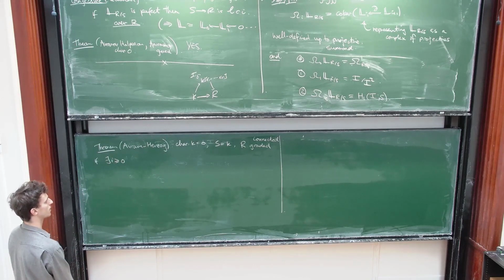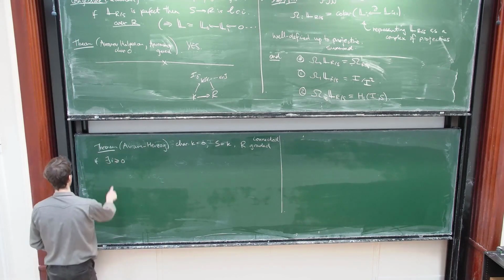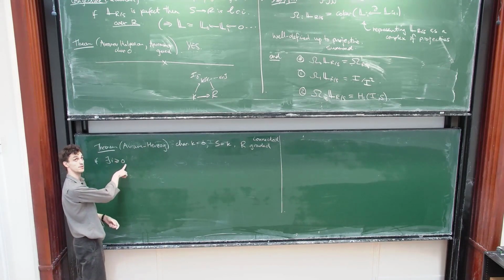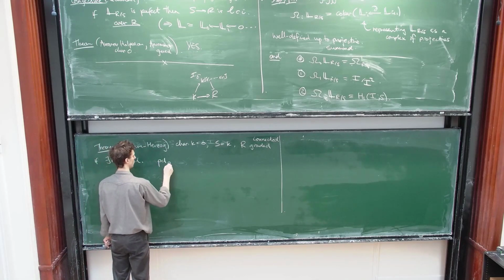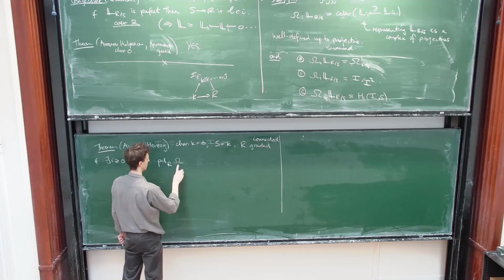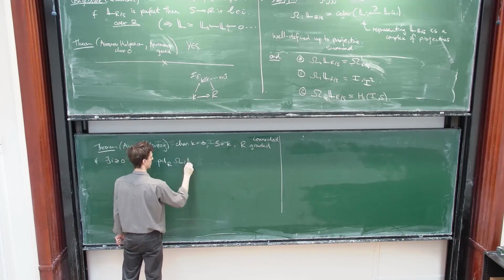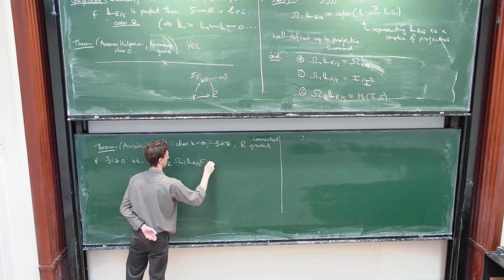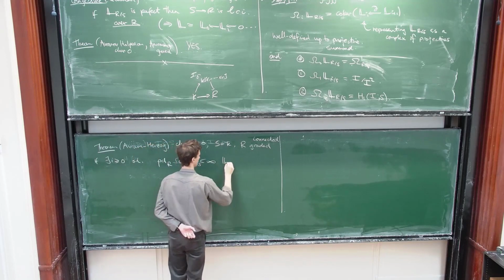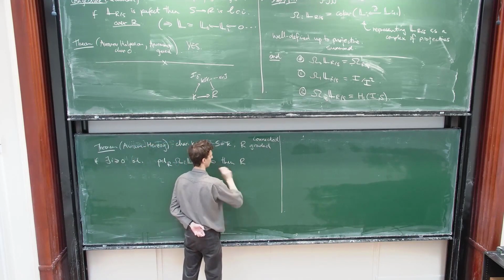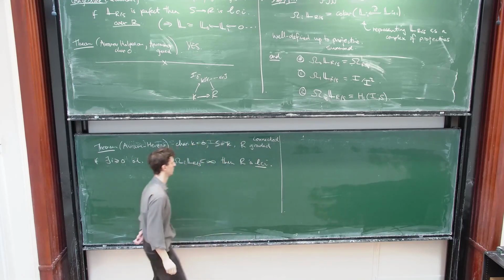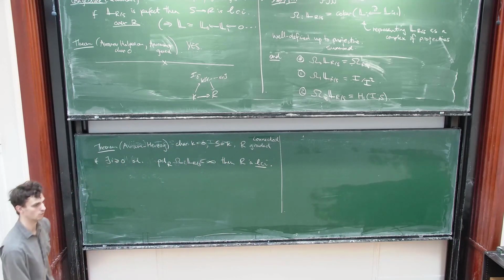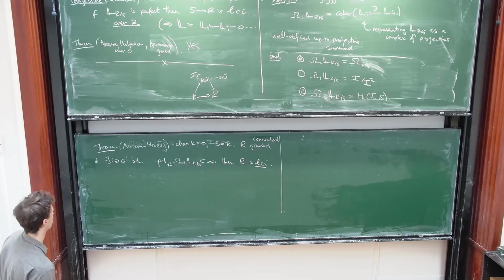Okay, in this context, they proved that if there is even a single i greater than or equal to 0 such that the projective dimension of one of these syzygies is finite, then R is a locally complete intersection. In fact, a complete intersection ring, because there's no local if you're graded, everything is local.